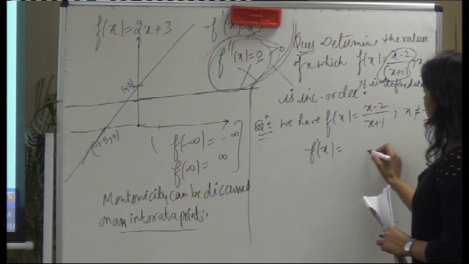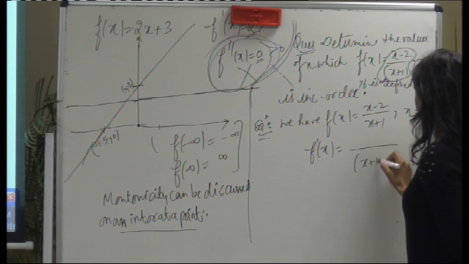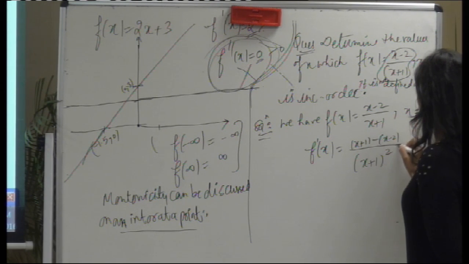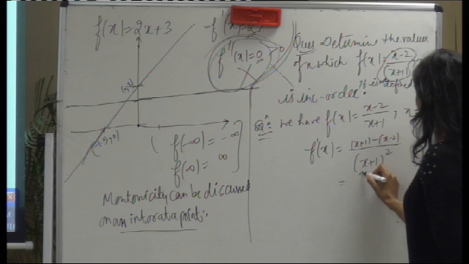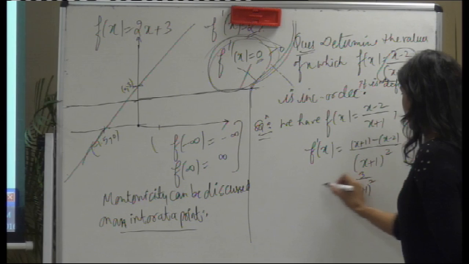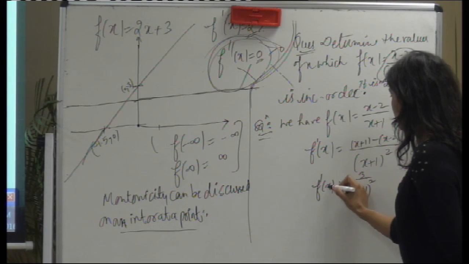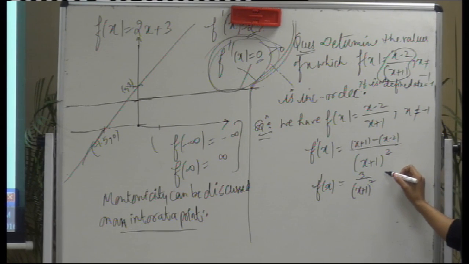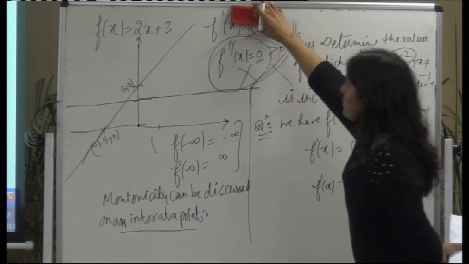What is the derivative? x plus 1 whole square. Simple one. So it is 3 by (x plus 1) whole square. So what can you say about the derivative now? Is it positive or negative?